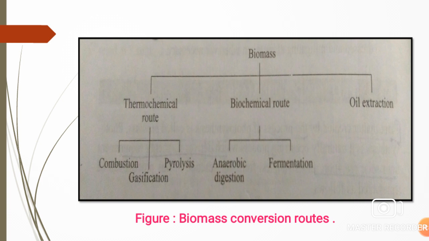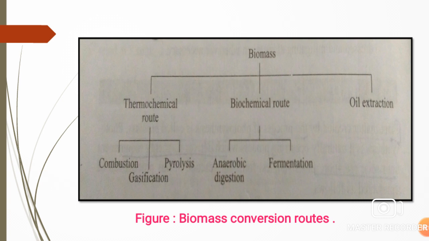These are all the biomass conversion routes as we discussed just before. The biomass is classified into three main routes: the thermochemical route, the biochemical route, and oil extraction. Further, the thermochemical route is classified into three processes: combustion, gasification and pyrolysis.